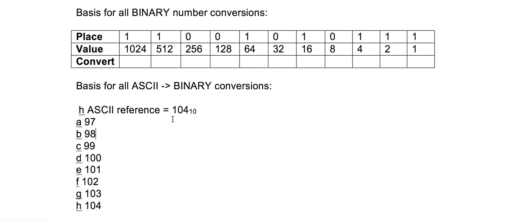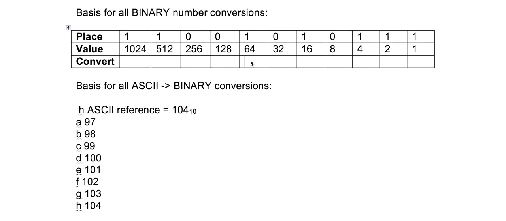So to get the value 104, we need to make sure that any column that has a 1 underneath it, when we add its values together, totals no greater and no less than 104. So we run down that value row and we look for the largest number that's equal to or lower than 104. 128 is too big, but 64 is perfect.